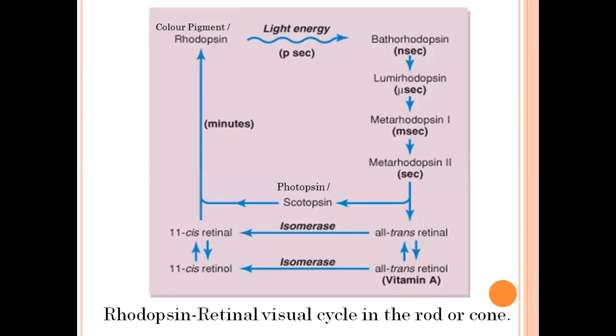This is the basic chemical mechanism that happens because of stimulation of particular pigments, be it rhodopsin or photopsin. The main thing is the final formation of metarhodopsin 2, which activates different enzymes and forms the active component, 11-cis retinal.